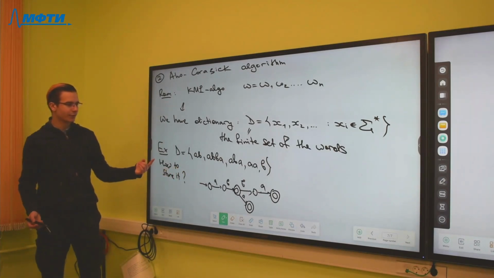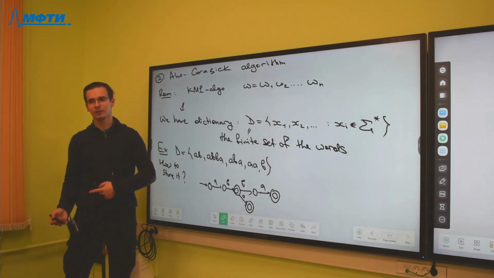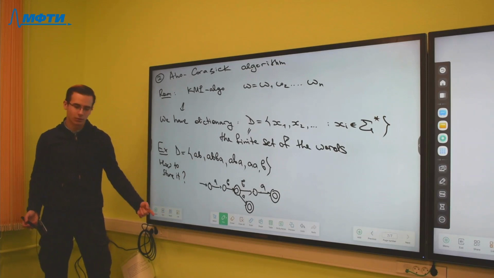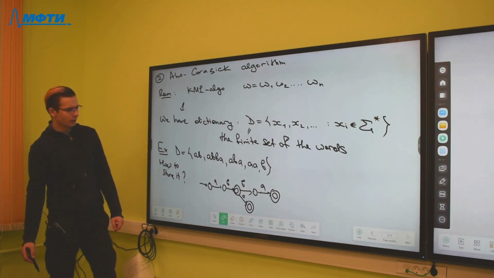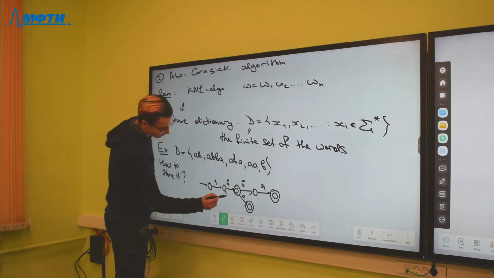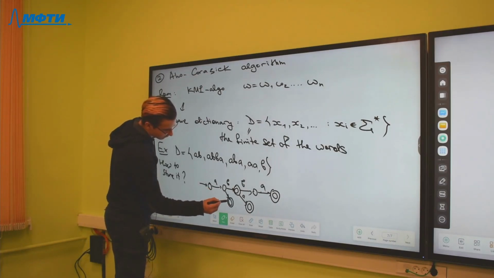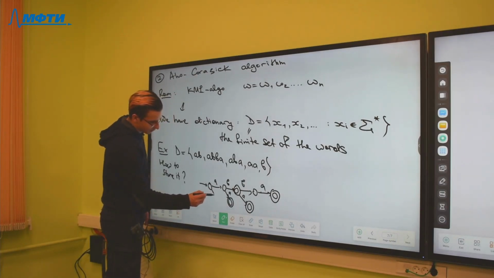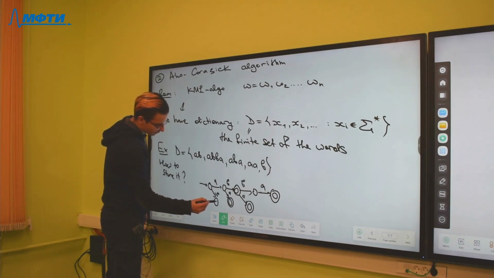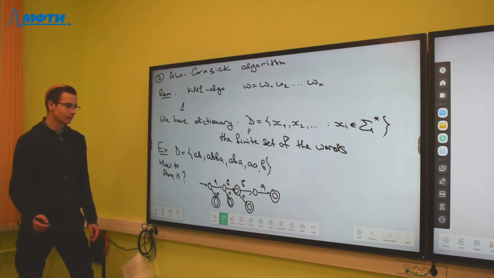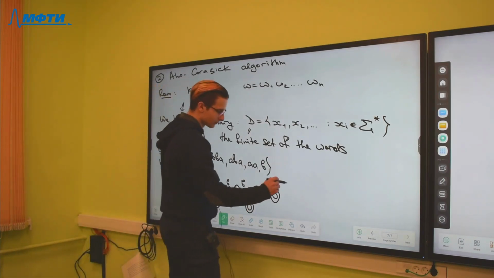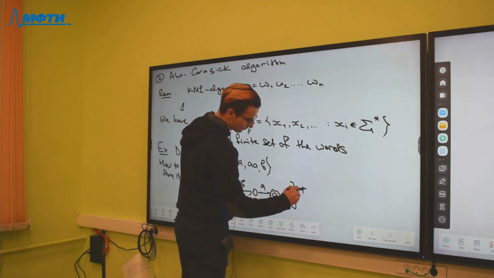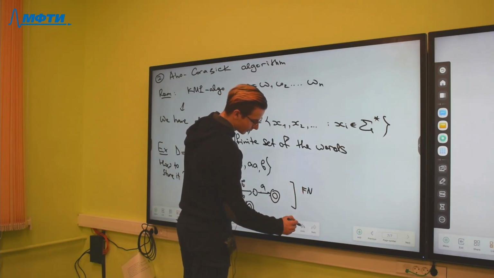For example, the word ABBBA is not in the dictionary. So we can't use a loop. AA, for example, and B. So it is three. Finite.